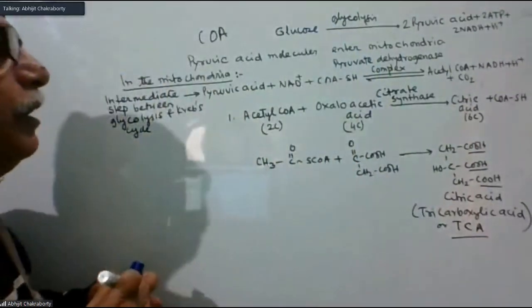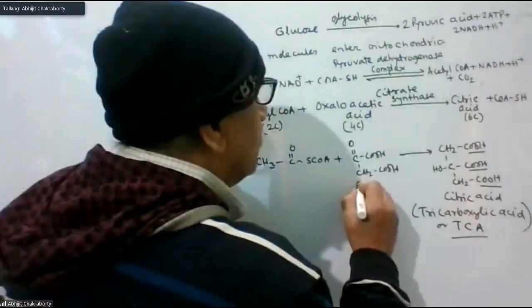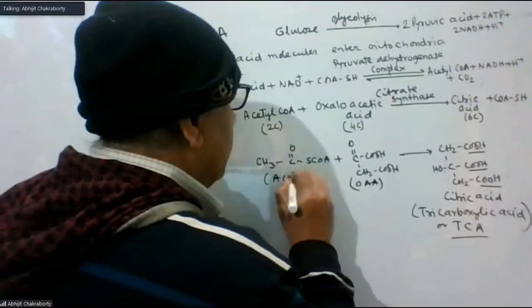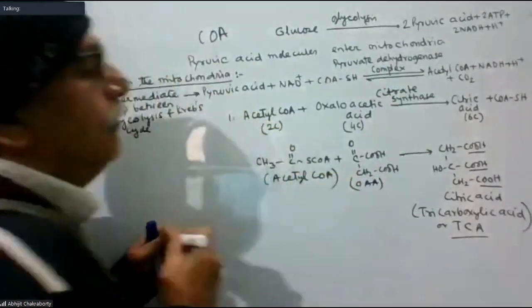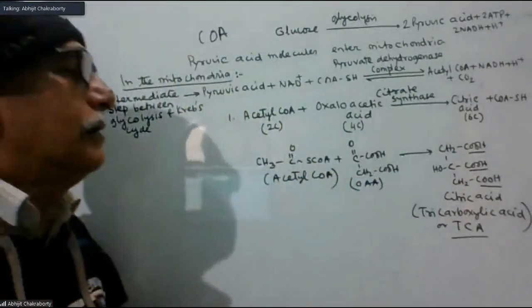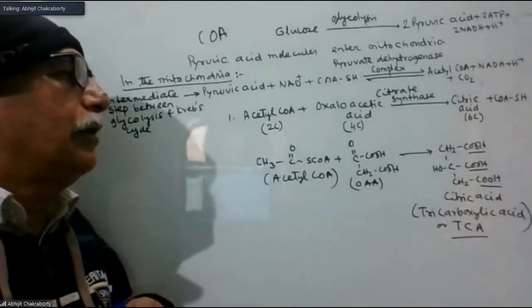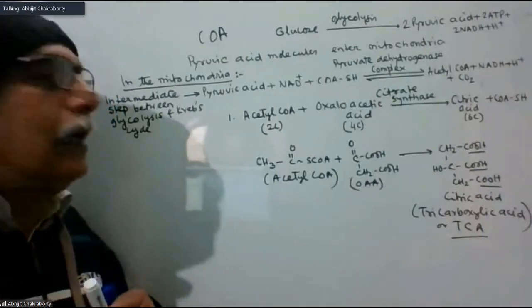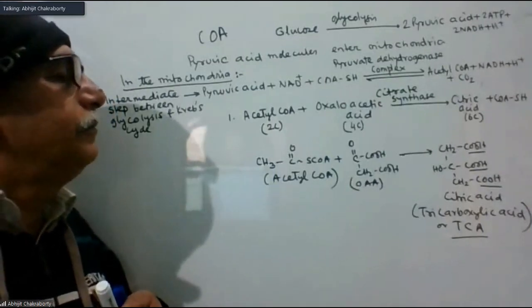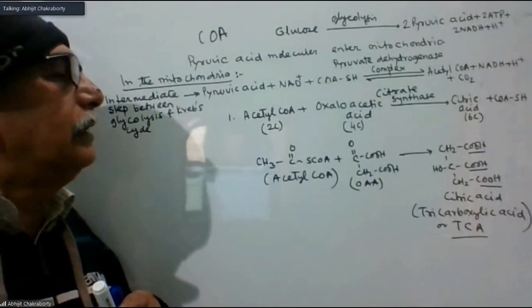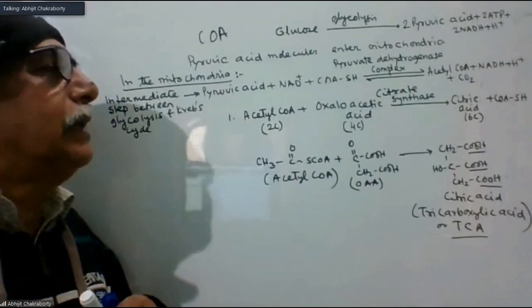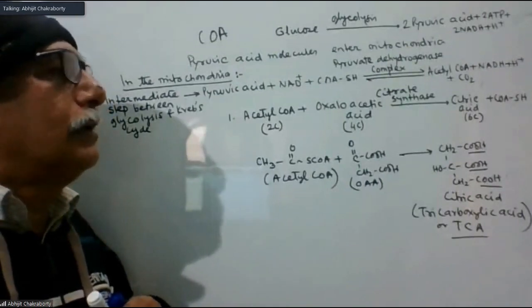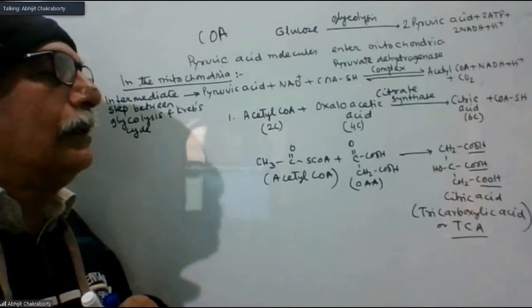Look at this. In the first reaction, a 2-carbon acetyl coenzyme A reacts with a 4-carbon compound, oxaloacetic acid, and it is a kind of condensation reaction, and the enzyme is citrate synthase, forming a 6-carbon compound, citric acid, the first stable product having 3 carboxylic groups.